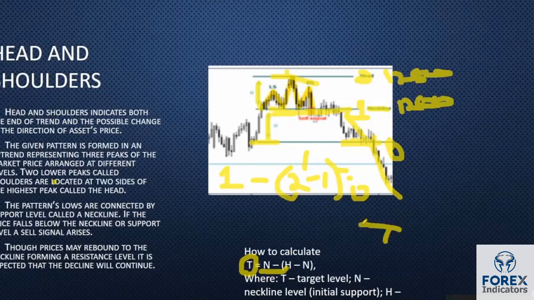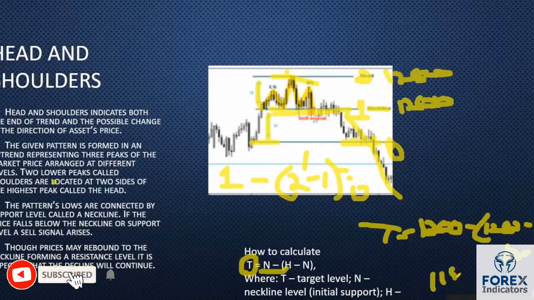Our target would be T equals 1,200 minus 1,250 minus 1,200, which would give us 1,150. So our target for gold would have been for gold to fall down to 1,150 in its trend.